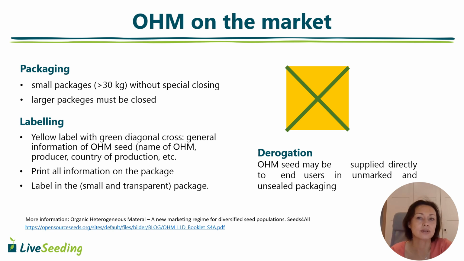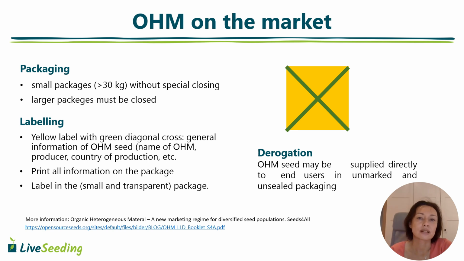A yellow label with a green diagonal cross must be affixed to the package, providing the necessary information: name of OHM, name and address of the operator or seed producer, country of production, etc. This information may also be printed directly on the package, in which case the green cross on yellow background is not required.